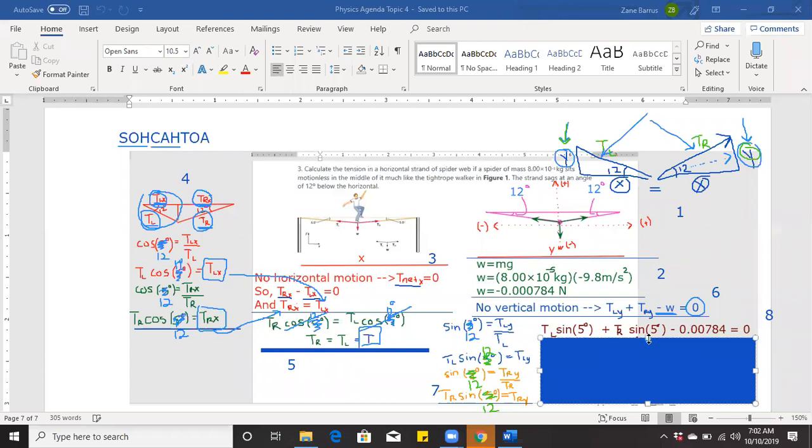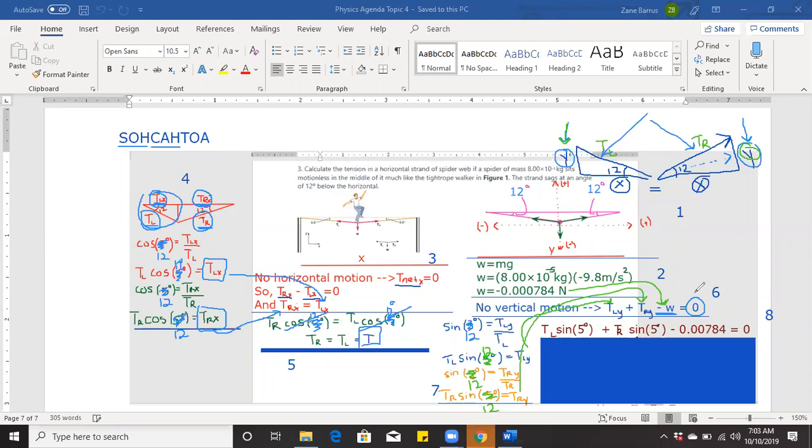Because we know that our y forces have to add to be 0, let's go ahead and plug these in. Because I have expressions for TLY and TRY, I'm going to plug these into the equation I was dealing with up here, where I said they have to sum to 0. I'm going to plug in my weight as well, since we already figured that out at the very beginning of the problem.